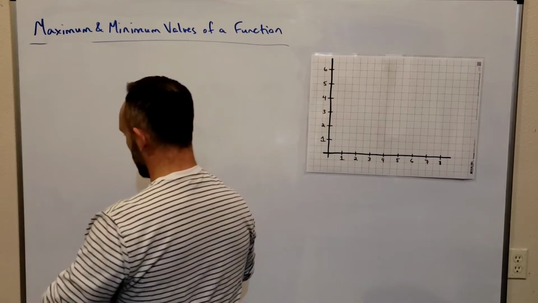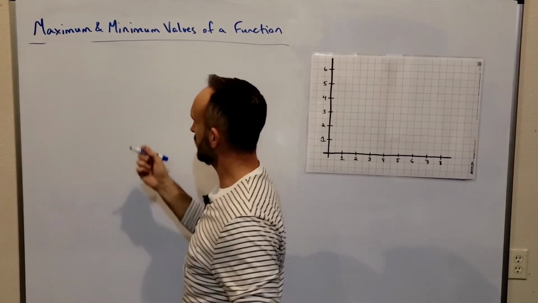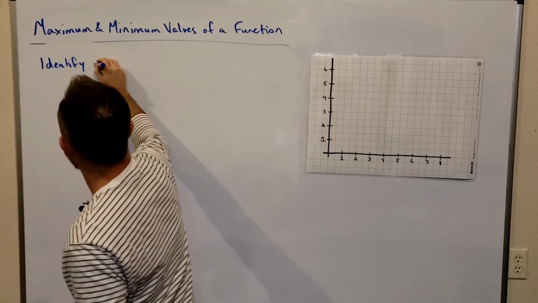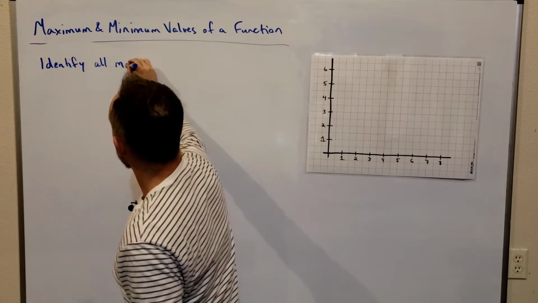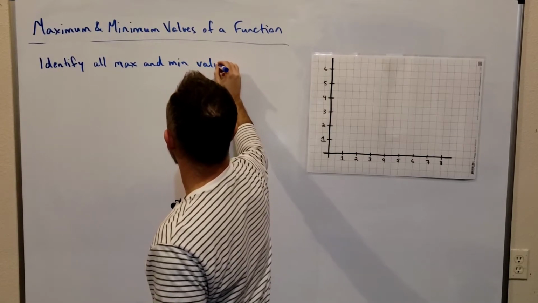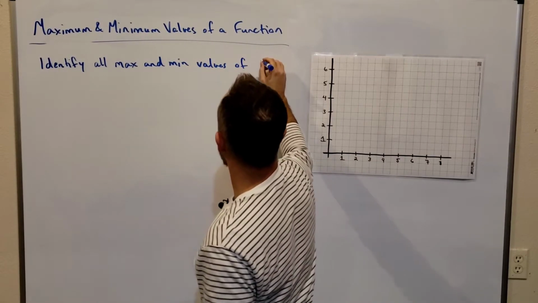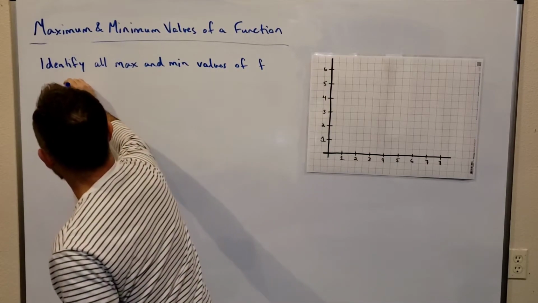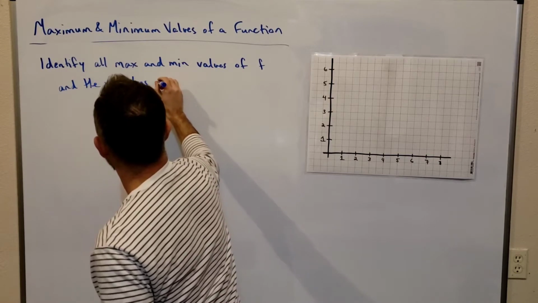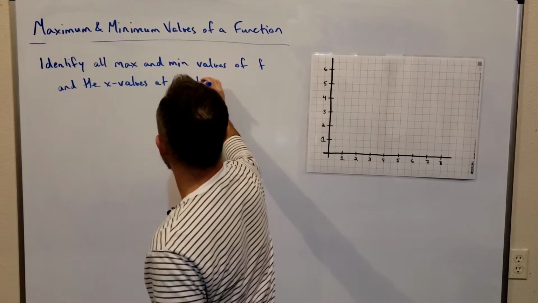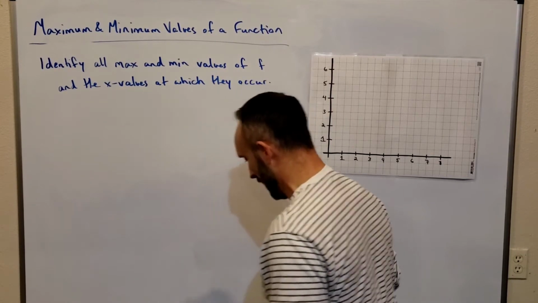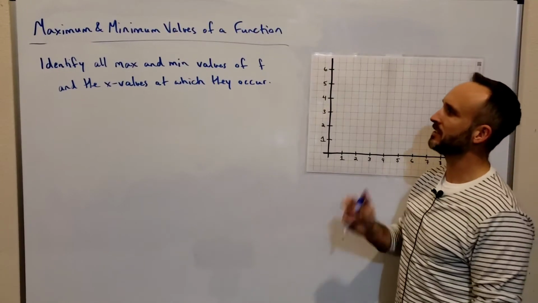So let's say the instructions for this problem are to identify all max and min values of f and the x values at which they occur. Okay? Identify all the maximum and min values of f and the x values at which they occur.